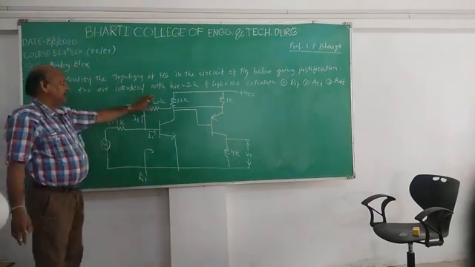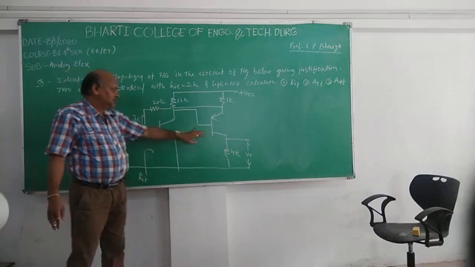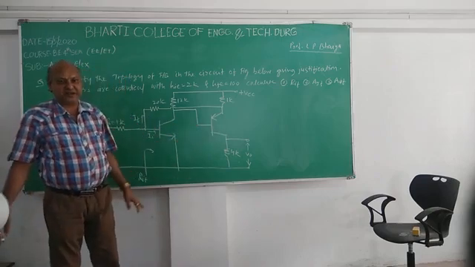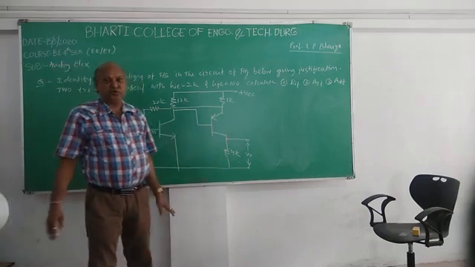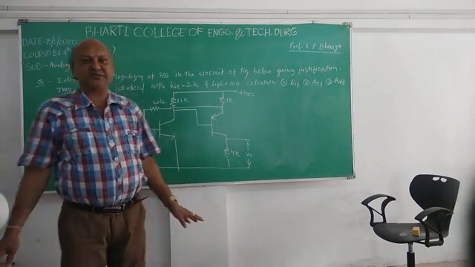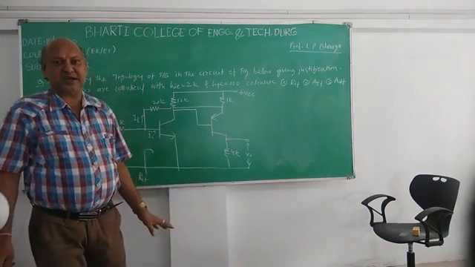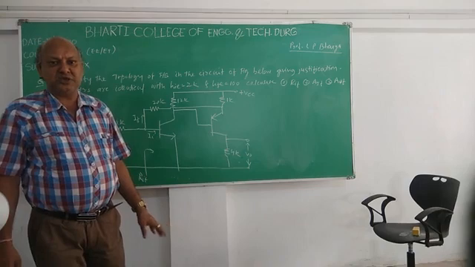The two transistors T1 and T2 used in this circuit are identical. Identical means their parameters are almost the same: hie, hfe, hoe, hre.